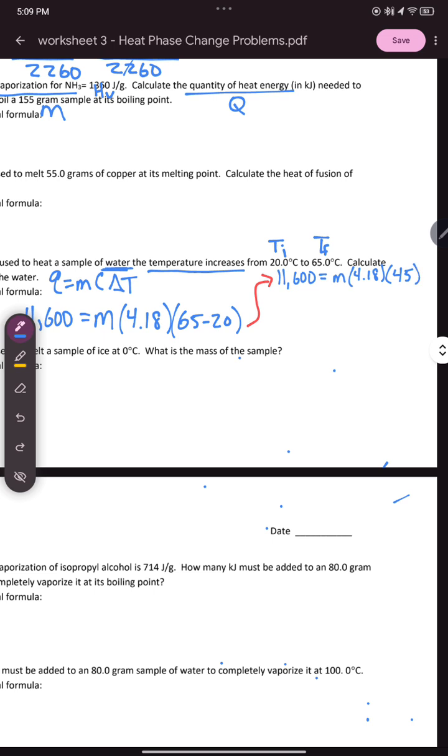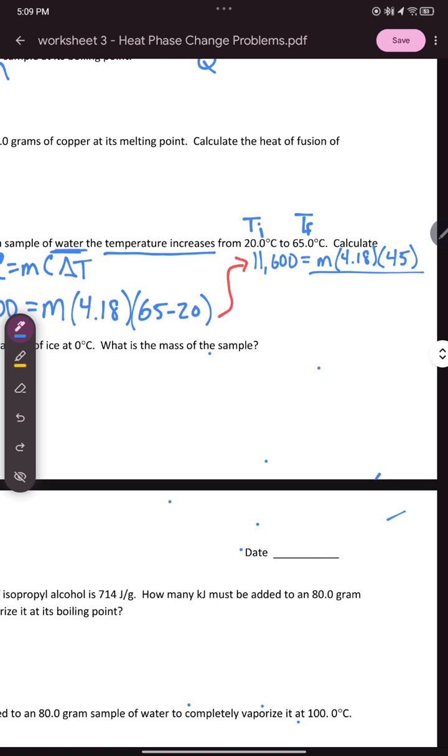So, I have a neat little trick for you. You can choose to use it or not. I think this trick makes it a little bit easier, and it's going to be how you plug this into your calculator. In order to solve this, you're going to want to divide. We have multiplication and we have multiplication. So in order to separate all of this, we want to do division.